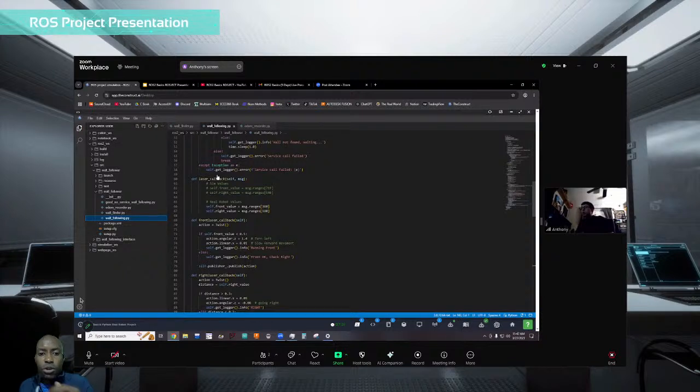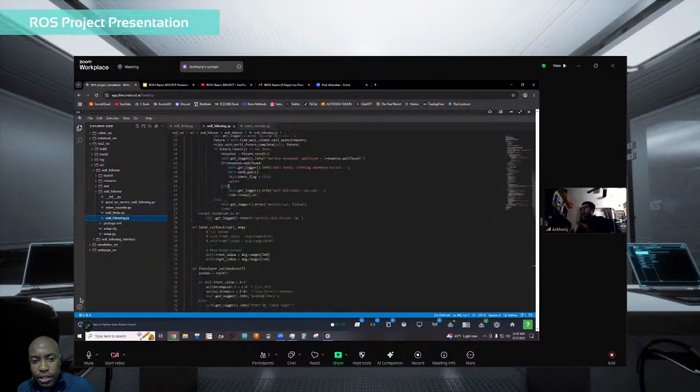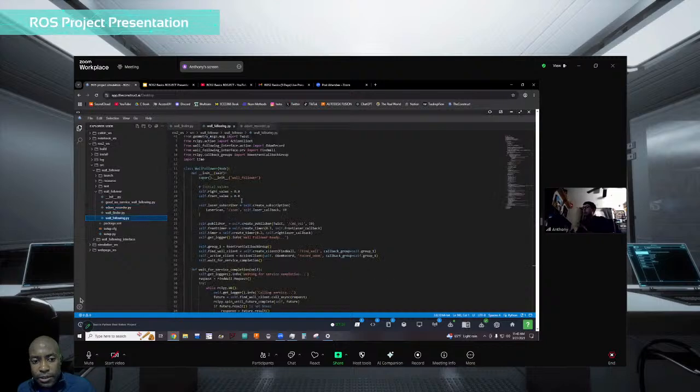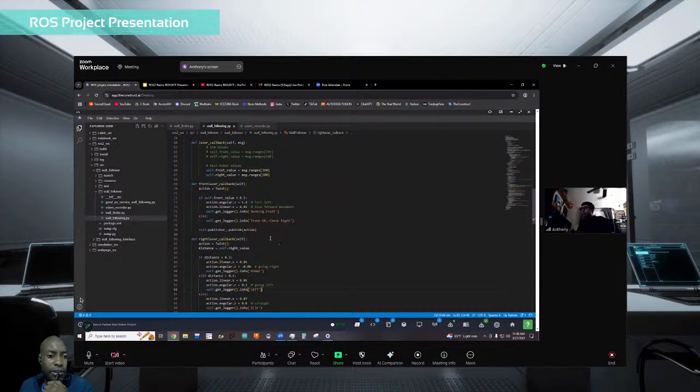So when you call that action, does it execute the whole code that's in the client? It's reverse. The client calls this server, and because this is an async server, it runs at the same time as this, which is where the wall following logic exists. Okay, all right. I see.